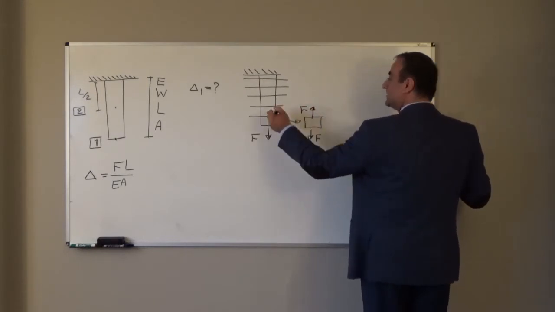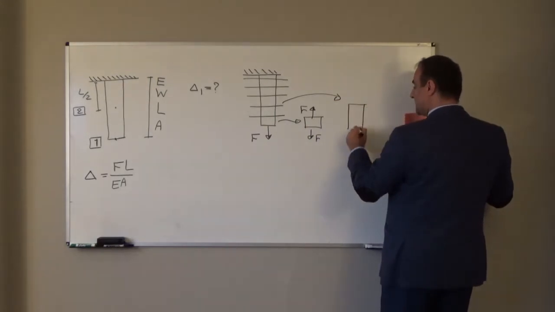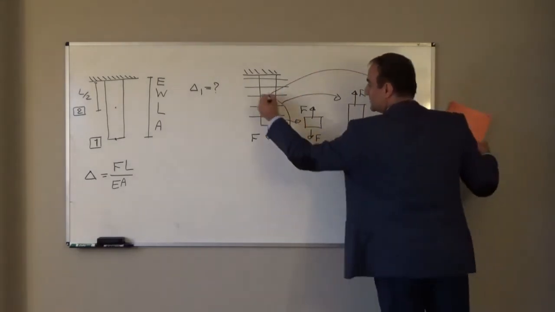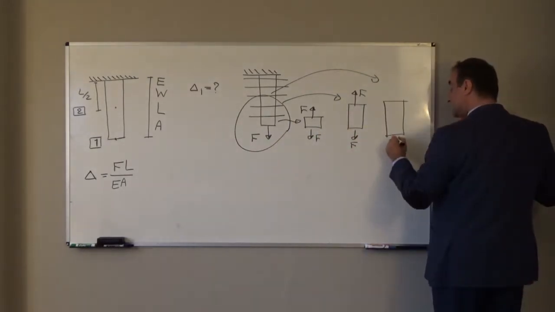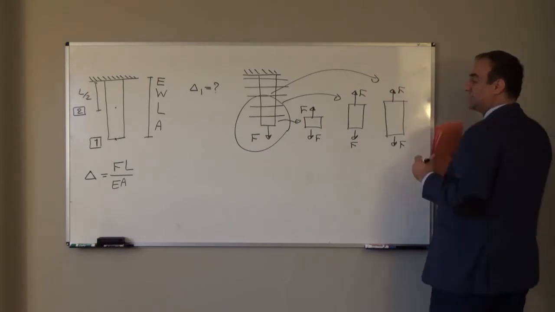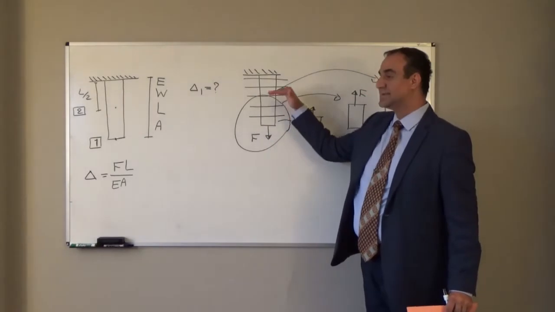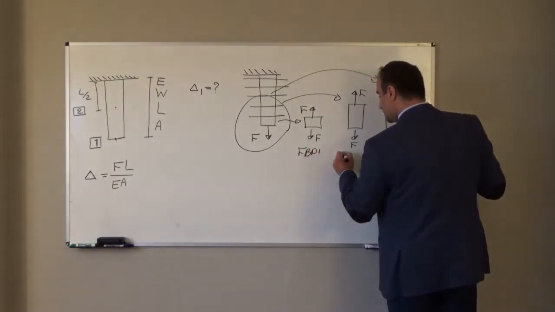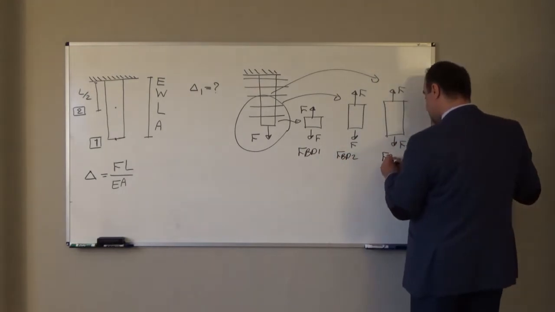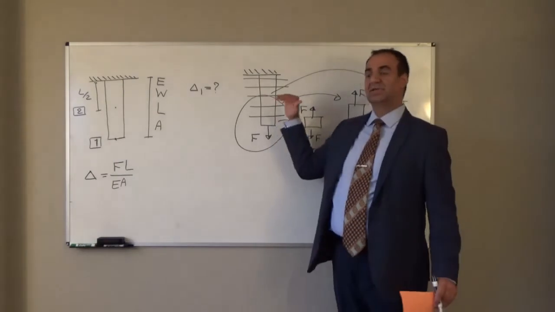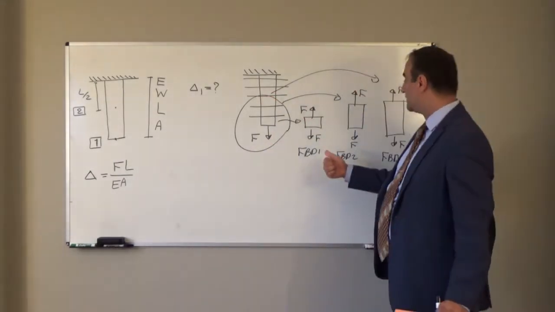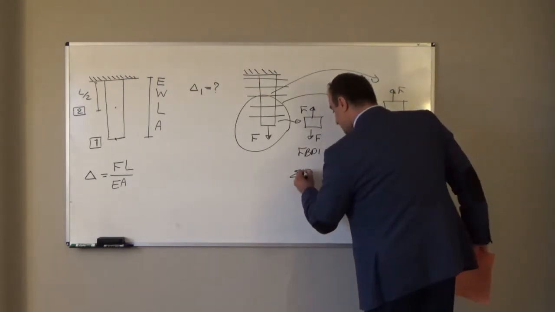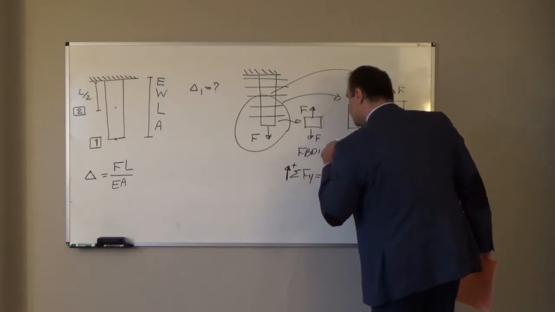It is F. If I cut here, again it is F. If I look at this as a free body diagram, it is again F. If I apply F at free end, in any section I cut this bar, free body diagram 1, free body diagram 2, free body diagram 3, and so on, the internal force will be equal to the external load, because summation of forces in vertical direction should be equal to 0.